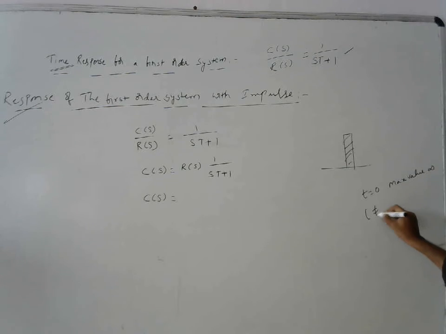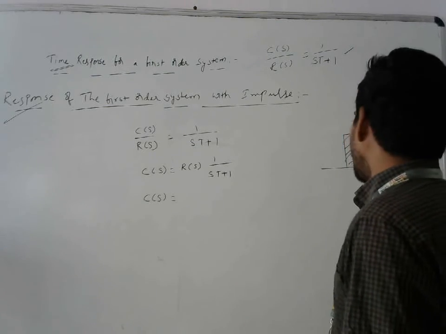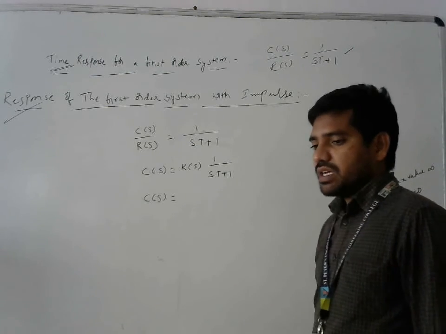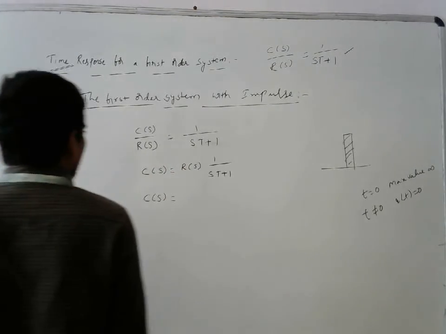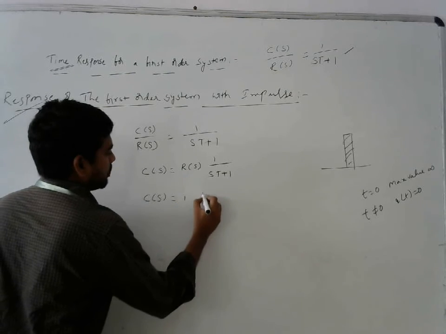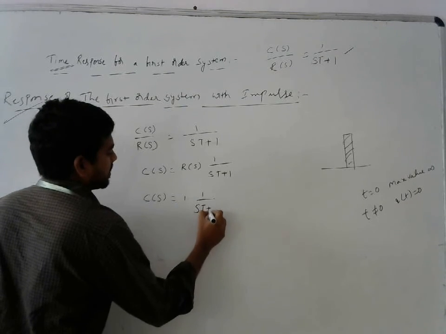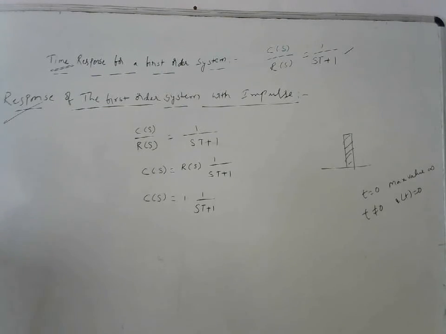When t is not equal to 0, that value will become 0. That means R of t will be equal to 0 for the remaining values of t. So R of s is 1, and we get C of s equal to 1 divided by st plus 1.